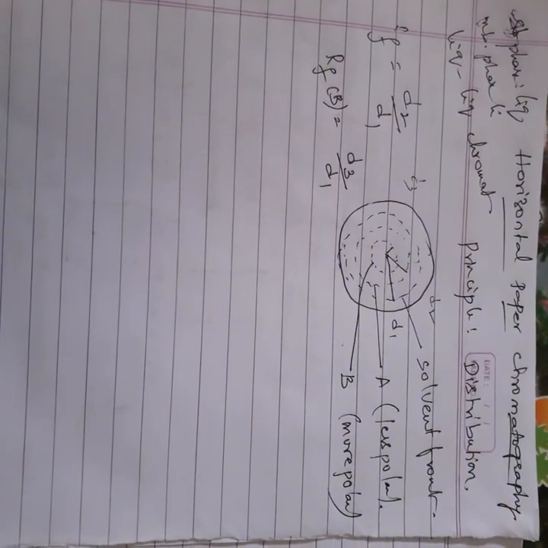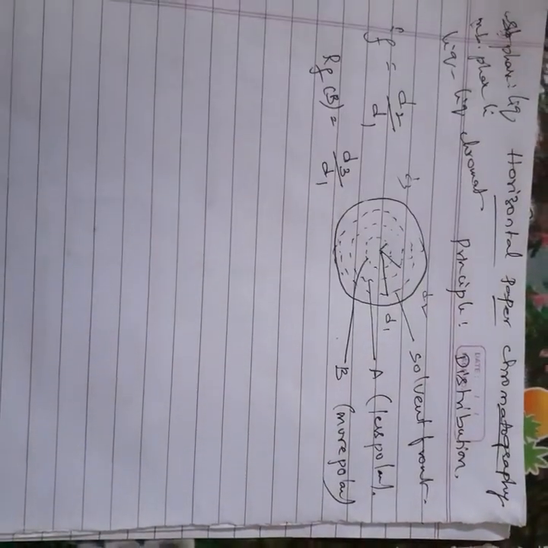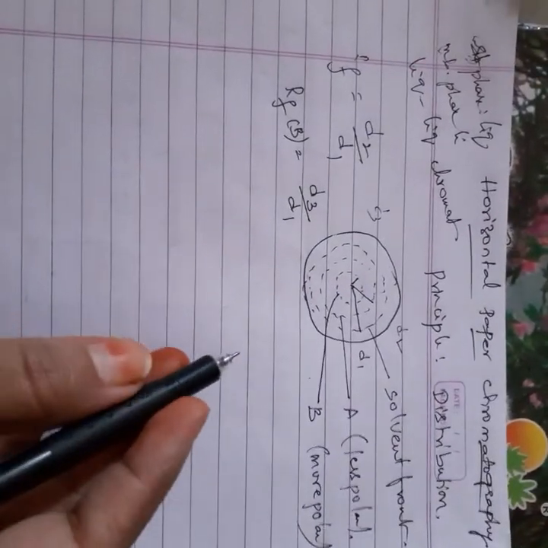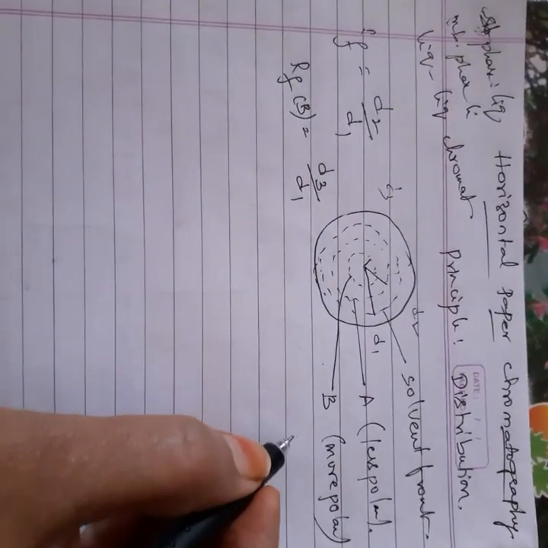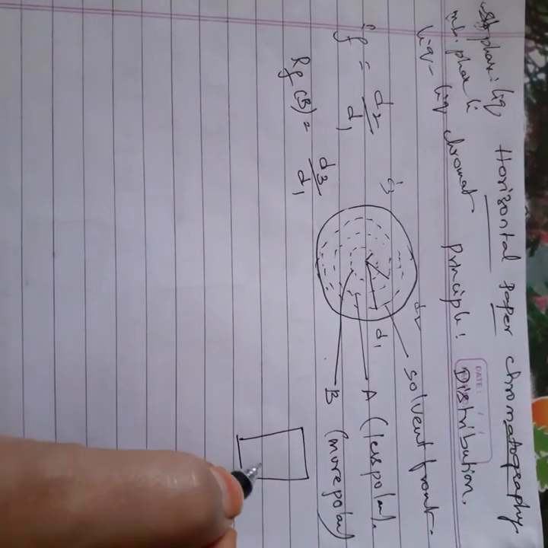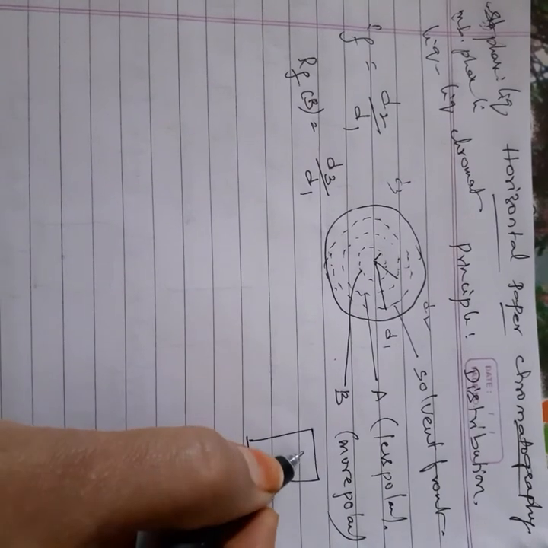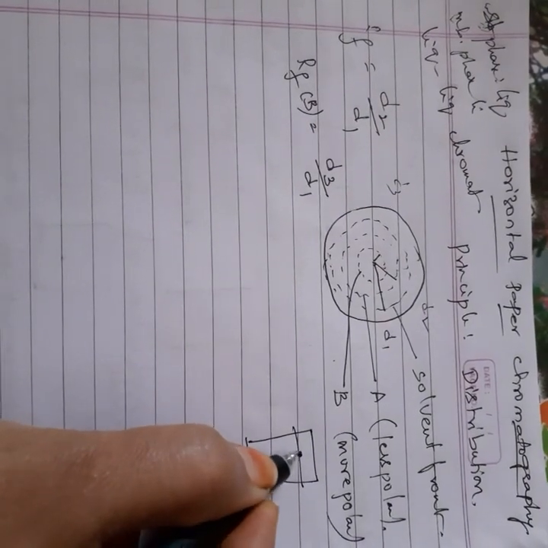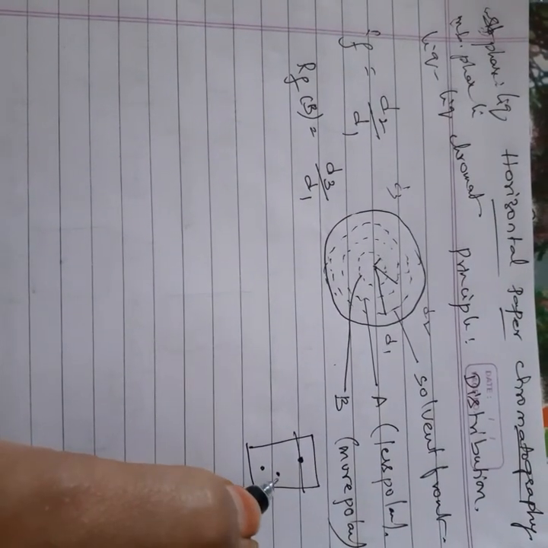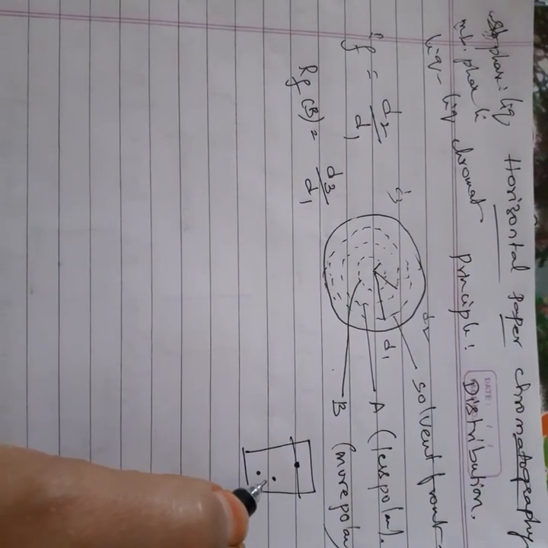But why do we need to use horizontal paper chromatography instead of ascending and descending paper chromatography? In ascending and descending paper chromatography, after the development of the sample, the spots are like this. Suppose this is the spotted one, you will get lines like this, very small oval shapes, very small circles.